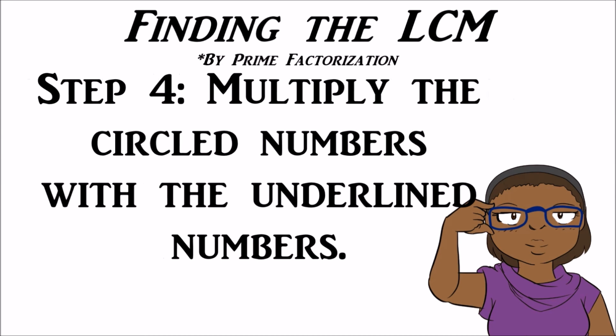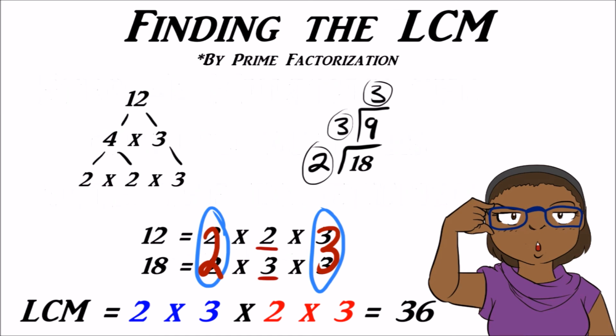Step 4 is to multiply the circled numbers with the underlined numbers. Remember that we take each pair of circled numbers as 1. So we have 2 times 3 for our circled numbers, times our extra 2 and times our extra 3. So 2 times 3 times 2 times 3 is equal to 36.